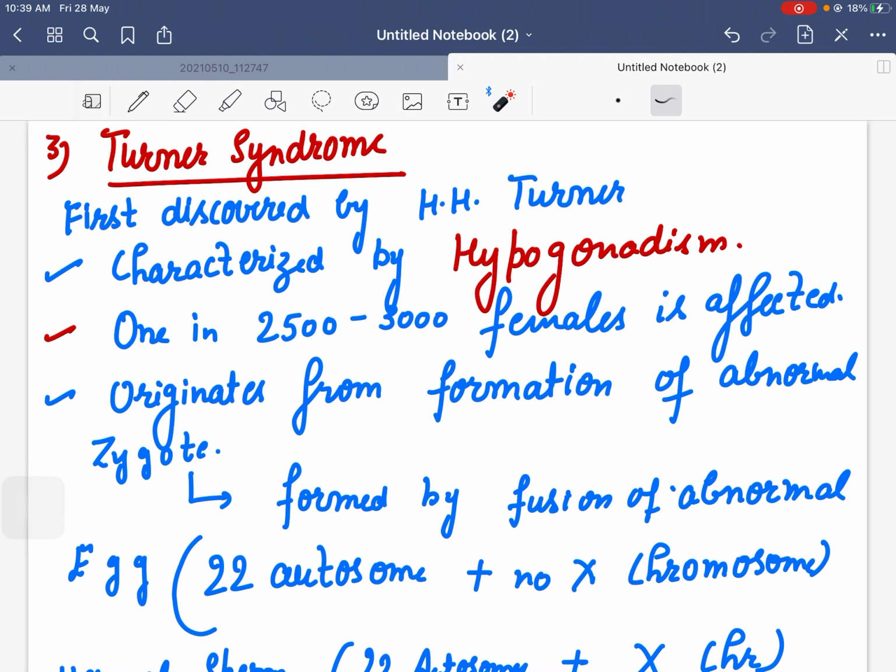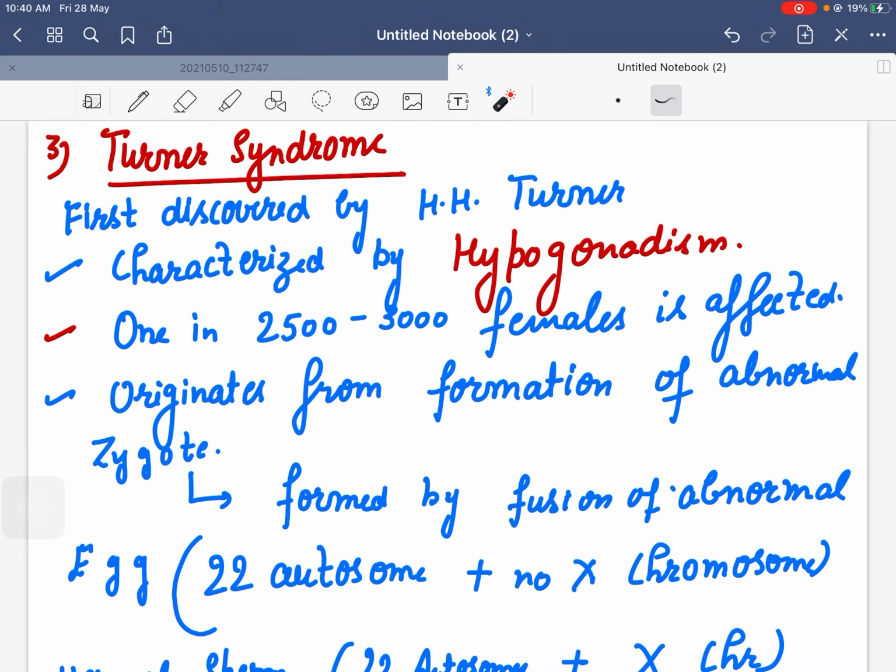The word hypo means something is less. So here, one X chromosome is absent in females. Females have 2 X chromosomes, and if one X chromosome is absent, this condition is known as Turner syndrome. Usually it is very rare, 1 in 3000 females get affected by this kind of chromosomal abnormality.